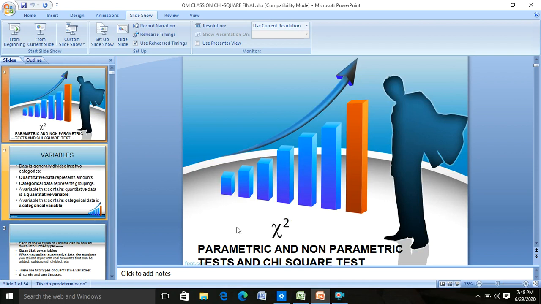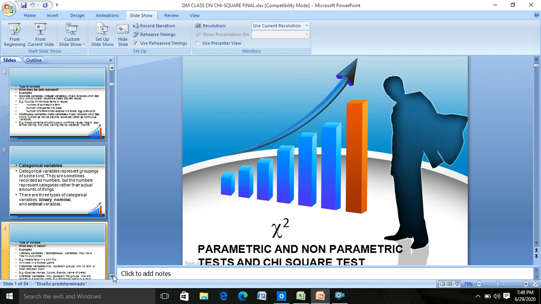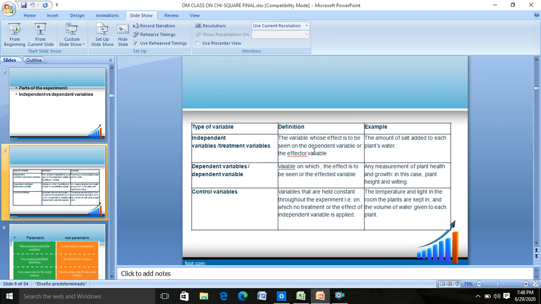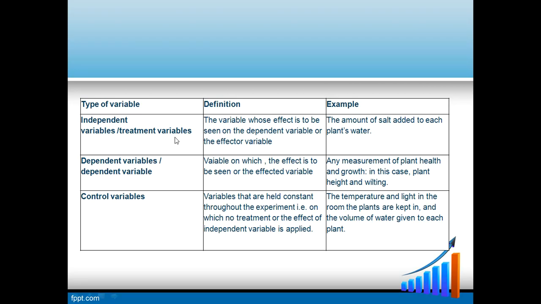Depending upon the part of the experiment, we have two types of variable, that is independent or dependent variable. The independent variable is the variable which produces the effect.